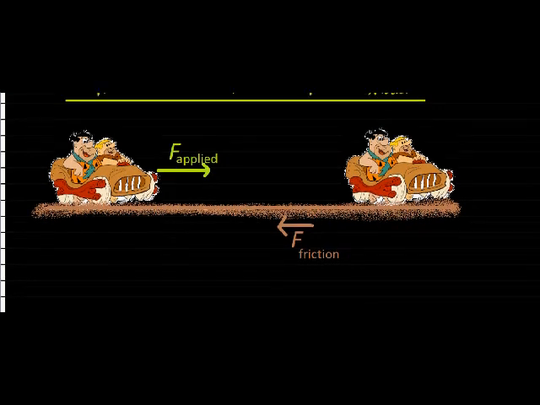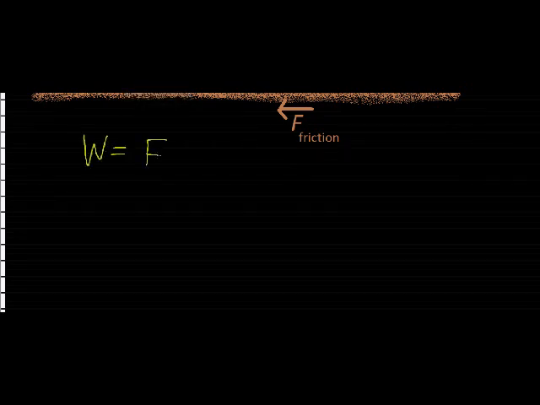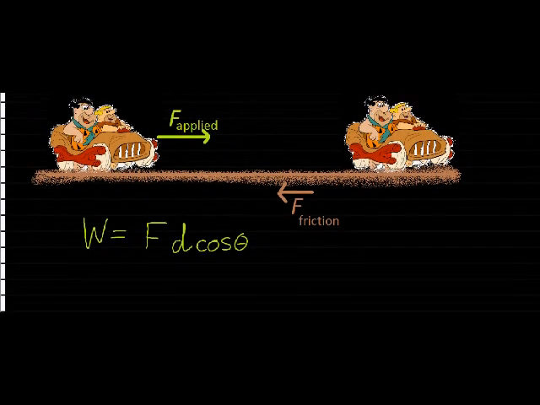Well, to work out work, we would say that work is done by the force multiplied by the distance and multiplied by cos of the angle between the direction and the force that's applied.